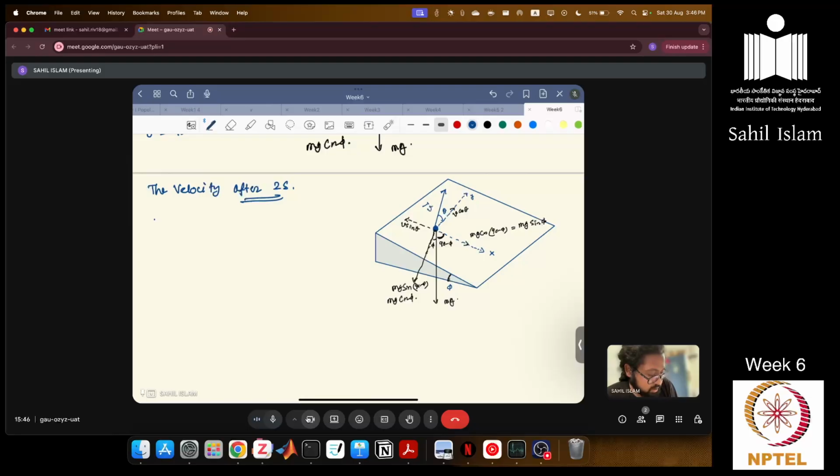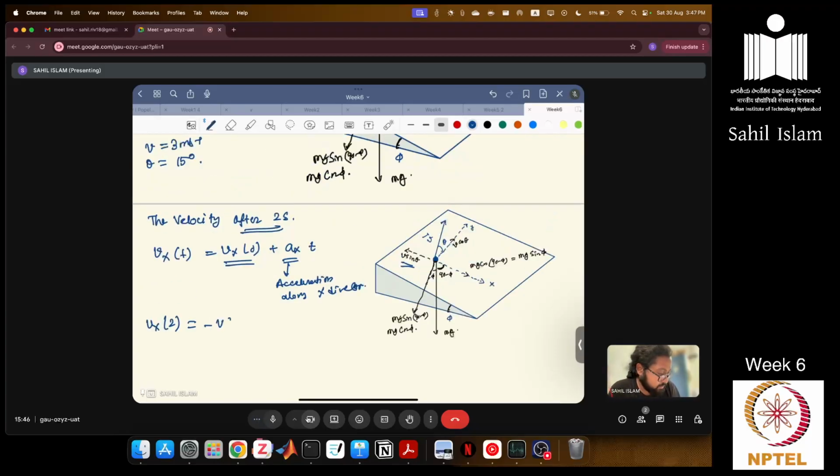So along x direction we can have vx t equals vx0 plus ax t, where ax is the acceleration along x direction. So in x direction, the initial velocity is v sin theta, but with a negative sign, so minus v sin theta plus acceleration along x direction, which is force along x direction by mass.